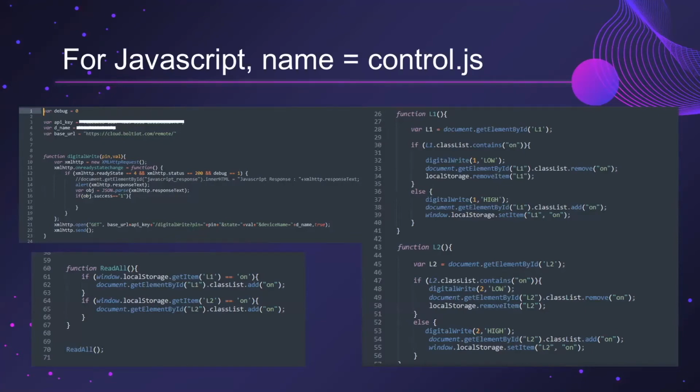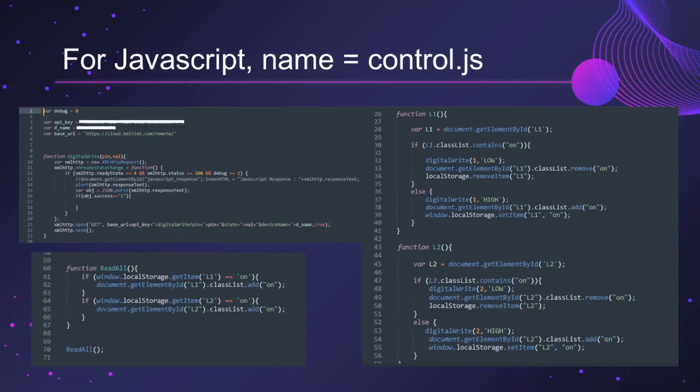By default it has no such class, so it will move to the second condition, where digitalWrite 1 is present. When I click on L1, whatever is connected to your GPIO 1 will turn on. It will give a high.